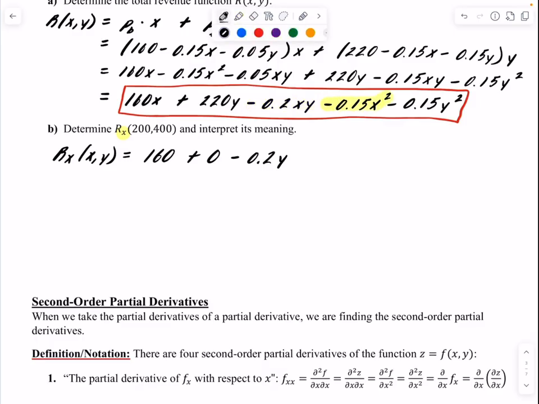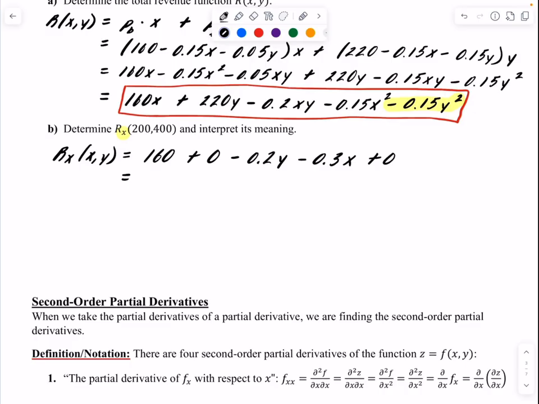Next term, the derivative of this with respect to x, I bring down that power of 2 and multiply it by negative 0.15. This will give me negative 0.3x. And then finally, the derivative of this term, y is just a constant, so the derivative of this is 0.